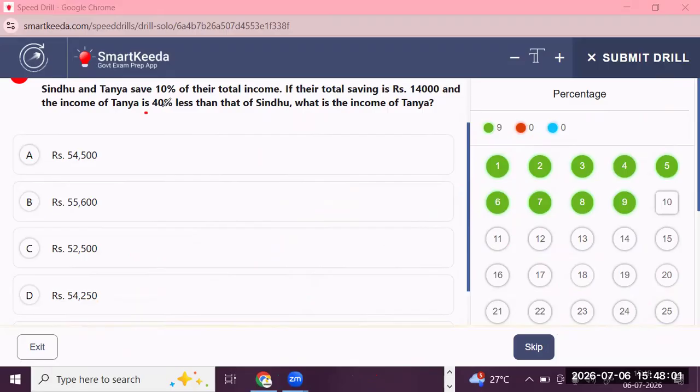If the total savings of Sindhu and Tanya is 40,000 and the income of Tanya is 40% less than that of Sindhu, so 3x into saves 10% of their total income.